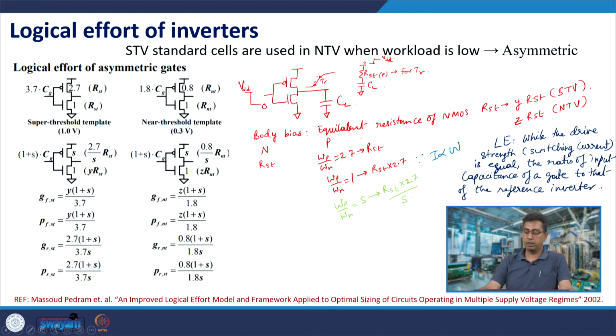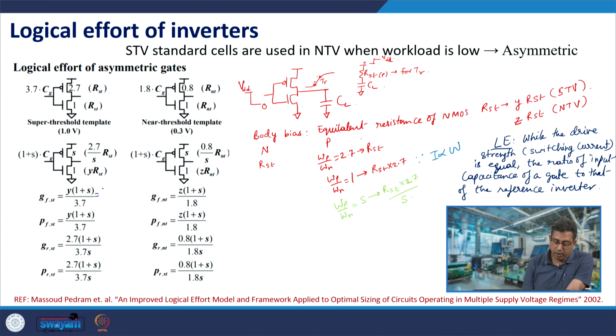So, this is how we can look at logical effort. So, what is the logical effort of this inverter with respect to this inverter? This is the standard template inverter. So, you are taking ratios of switching RC time constants, or the authors take that.